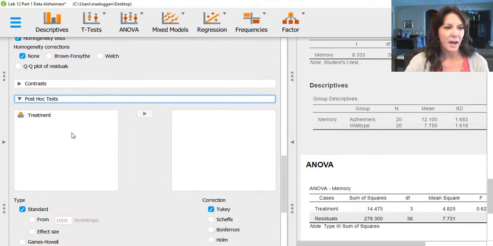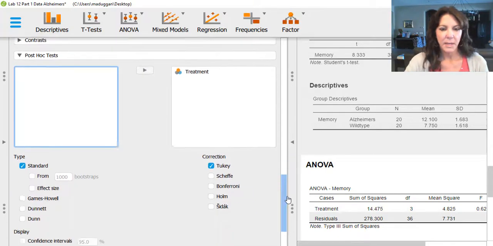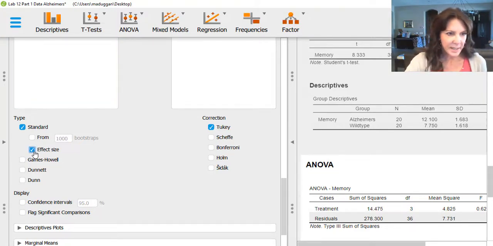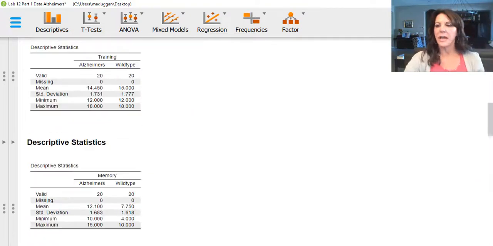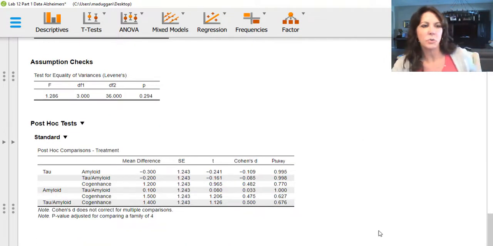I'm going to move treatment to this box right here, and I'm going to make sure that Tukey is selected. So I think that is all that we need to do. I'm also going to select effect size. There's one other thing. All right. And now I'm going to close this out, and we have everything we need to be able to analyze this ANOVA. And you're going to be asked questions about this in your first worksheet.